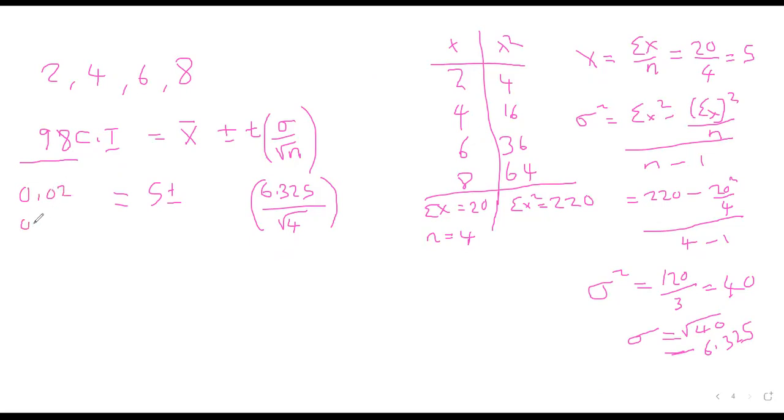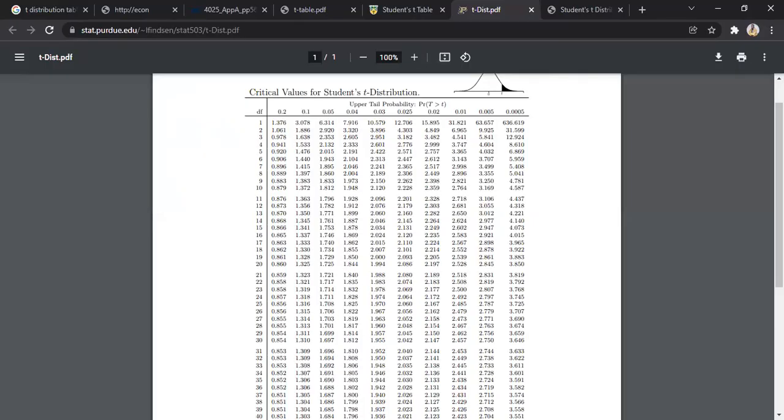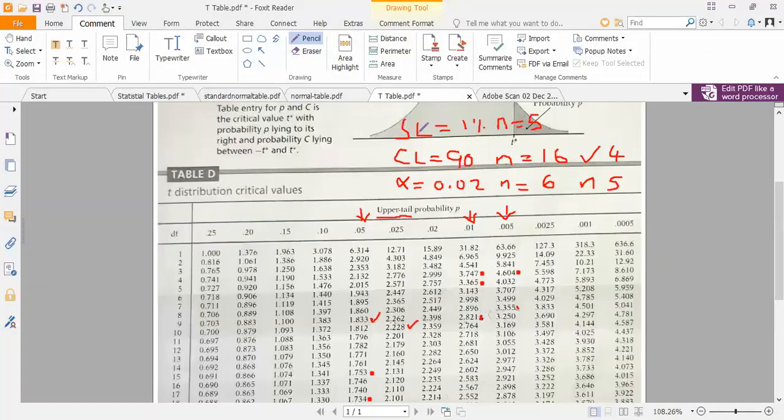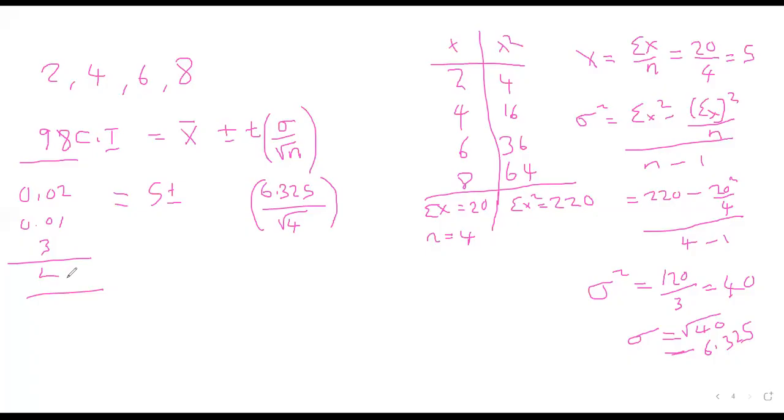Divide by 2, 0.01. n minus 1, which is 3. 0.01 at 3, what becomes our reading? 0.01 at 3 is 4.541.